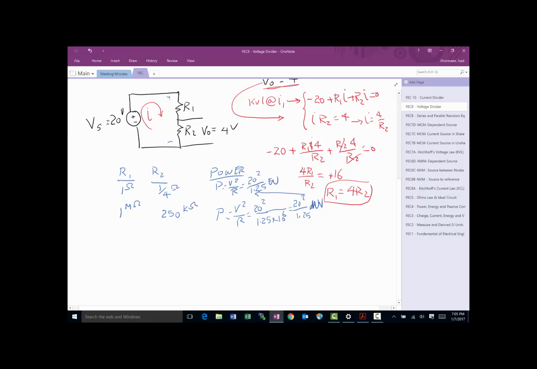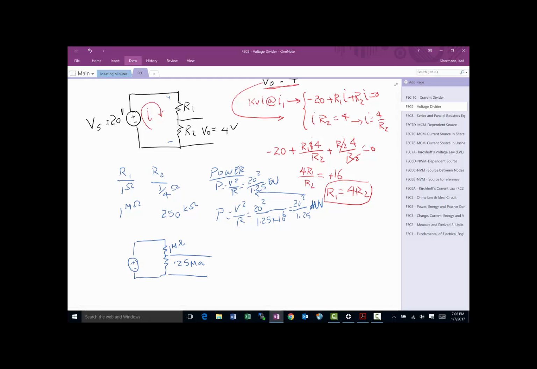Here is the problem. Let's say I use the large resistor and I build the circuit. Here's my circuit, and I decided to use 1 mega ohm here. I'm sorry, R1 is 1 mega ohm, and then R2 is 0.25 mega ohm. Great. So now you've got your 4 volts here.